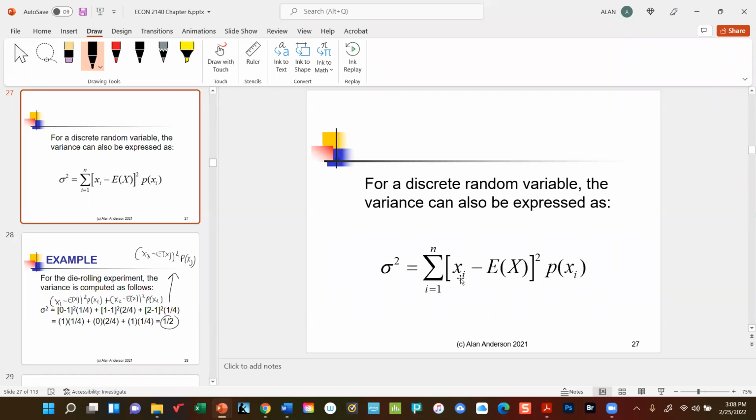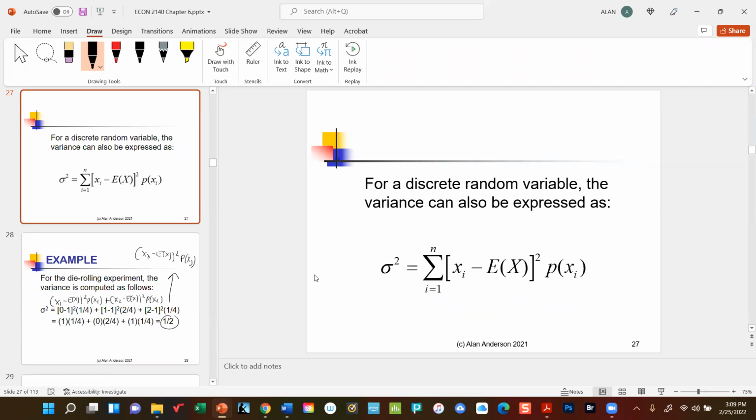You're basically doing a 3-step process. You take each x, each outcome, subtract the expected value, square the difference, weight this by its probability, and then finally at the end you add them up. So it's a little bit complicated, but we'll see in the next slide, it's not really that bad.